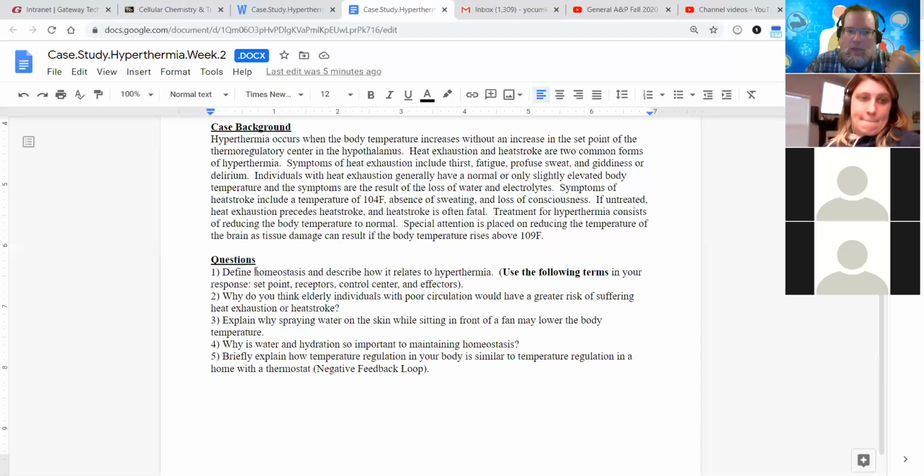For this situation, we have our set point, right, at 98.6 degrees as our normal set point. We have what are called thermoreceptors in our skin. They're also called cutaneous. Cutaneous always means skin.